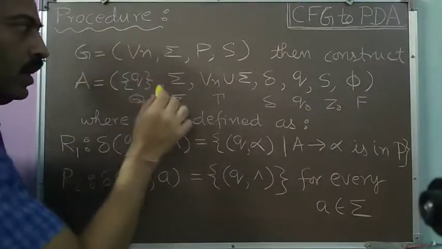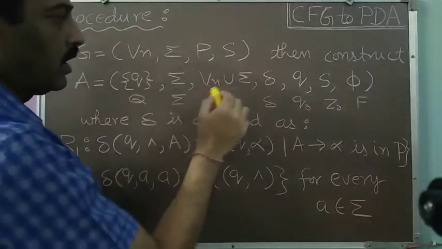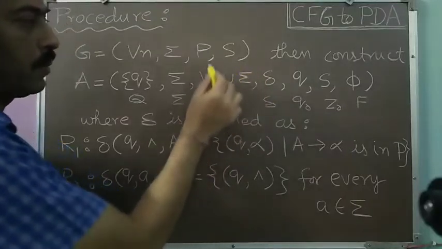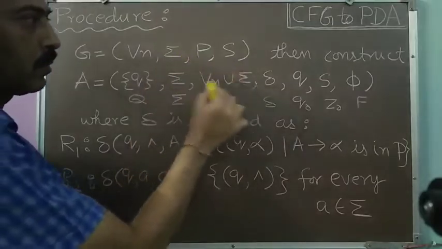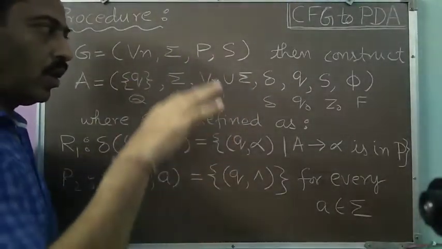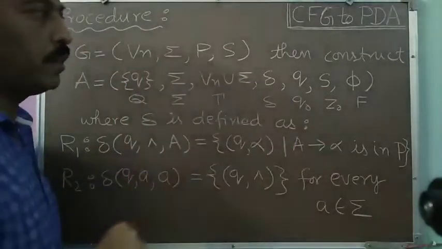Sigma is the alphabet, and then the push-down store symbols rho will be equal to Vn union Sigma, meaning all the variables and all the terminals will be the push-down store symbols. We can push all the symbols, the variables or the terminals, over the push-down store.